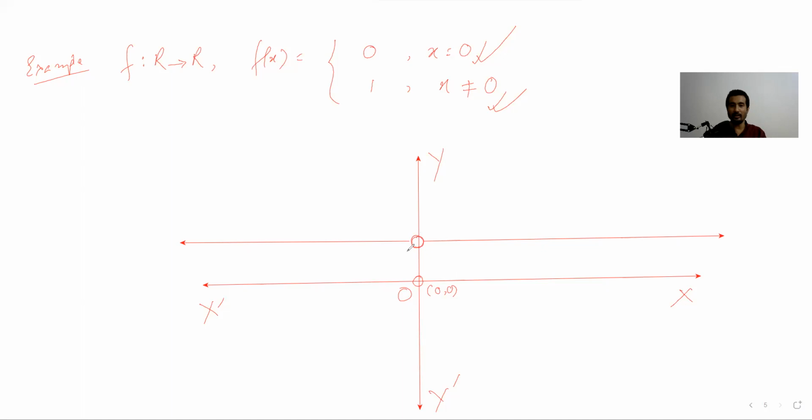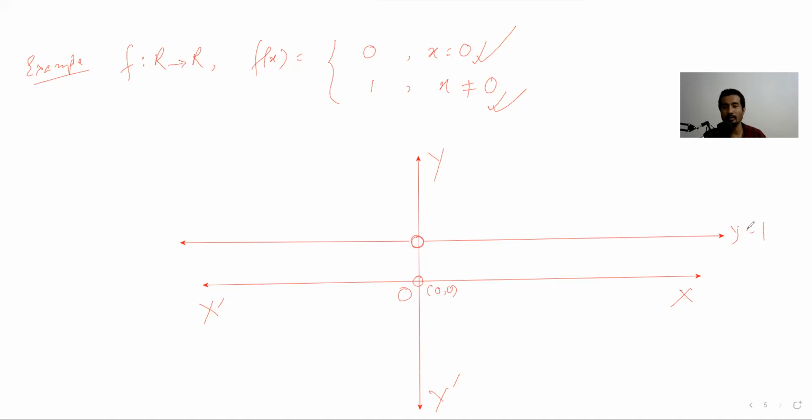Then we will give a gap here. As in our last example, we have already explained why we cannot join this line to the y-axis. So this is the line y equal to 1. I want to remind you why we cannot join this line with the y-axis.